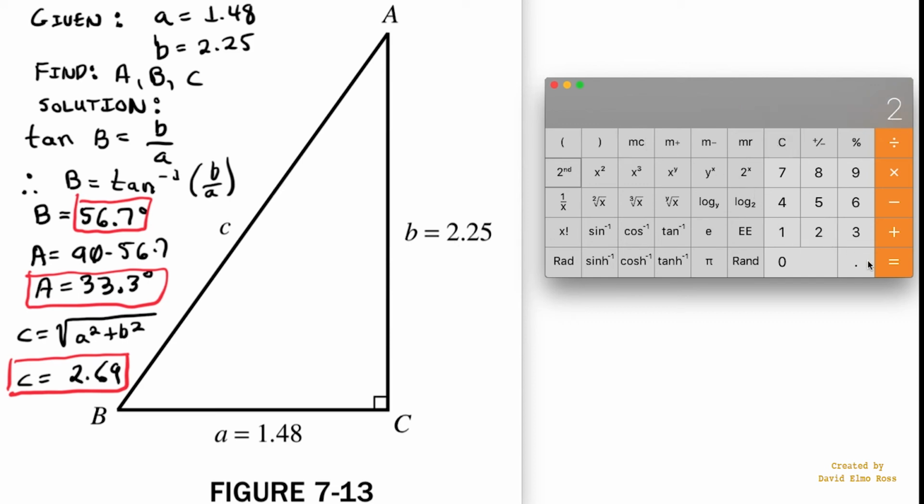So we have 2.25 squared, memory plus, clear, and 1.48 squared, memory plus, memory recall, and do the square root of this, and we get that our other side is 2.69. So based on just having two sides and knowing it's a right angle triangle, we can figure out all the other information about this triangle.